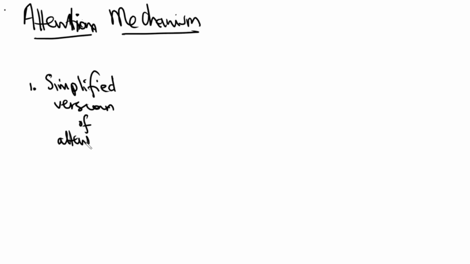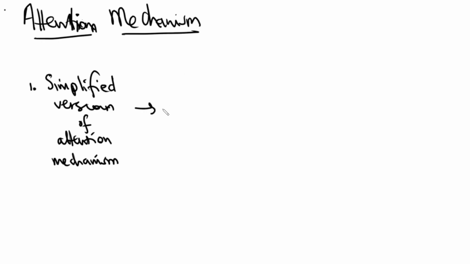The way we are going to do it is we are going to start off with a very simplified version of the attention mechanism, just like we did in the previous chapters, just to understand a bit of what happens.